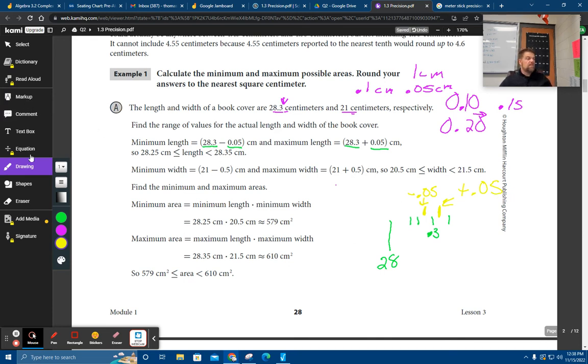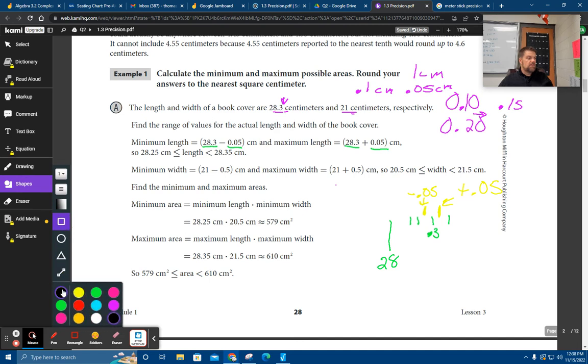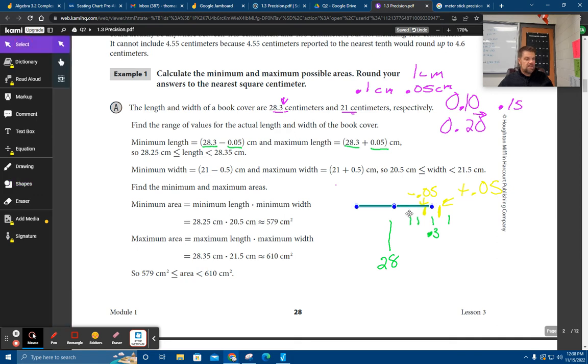In other words, if I'm measuring something, it doesn't matter what it is, I have to be careful because it might not be precise. It could be a little bit this way, or a little bit this way. I won't know until I get over here. So we're going to assume that it's somewhere in between.